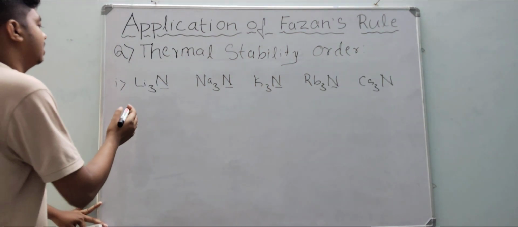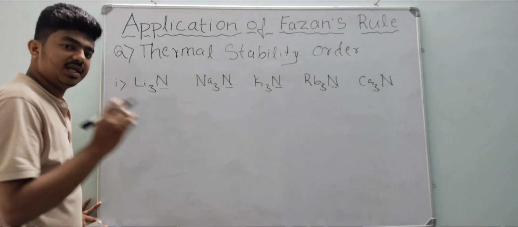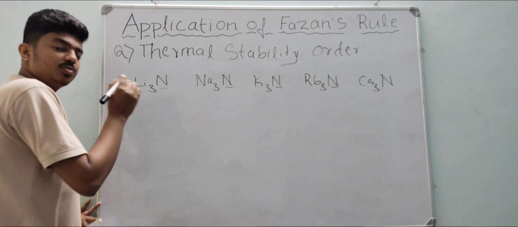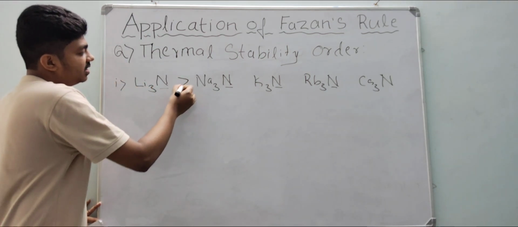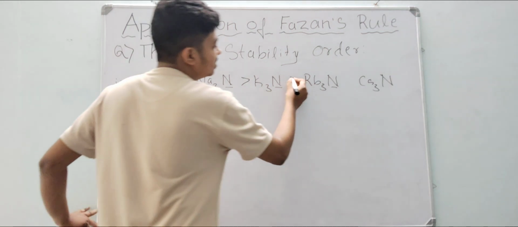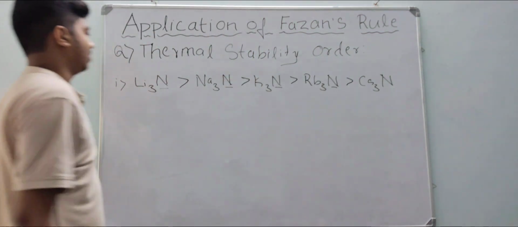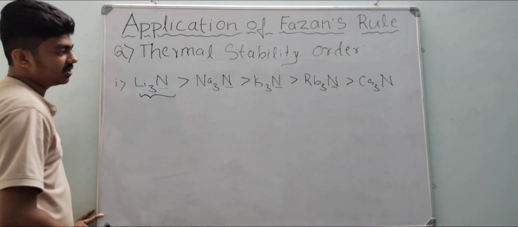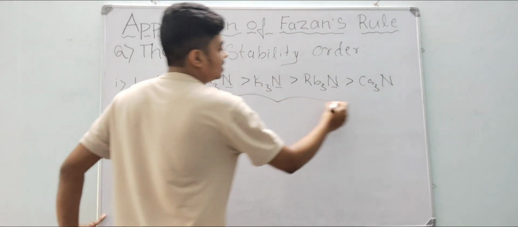That means polarization is directly proportional to stability. Lithium has a smaller size, so this is the polarization order, hence the stability order. That is the reason only lithium nitride exists and these other compounds do not even exist.